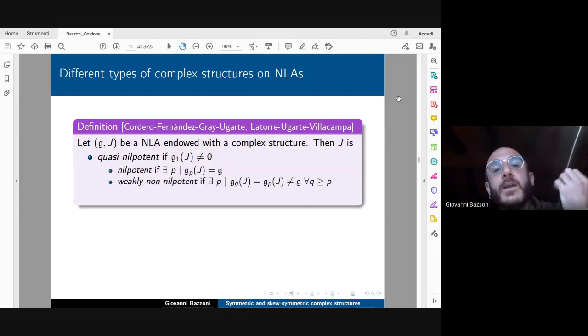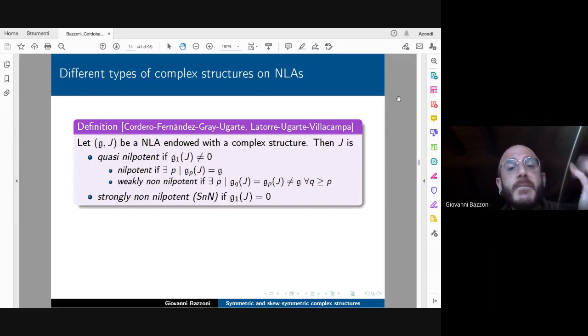And you call it weakly non-nilpotent if there is a P such that this adapted ascending central series stabilizes. It reaches some GP of J, which is not G, but then stabilizes. Okay, that's weakly non-nilpotent. And if this adapted ascending central series doesn't even start, so if G1 of J is 0, then you call the complex structure strongly non-nilpotent. Okay. So you have to live with this. Sometimes you're not going to be able to find an adapted ascending central series.